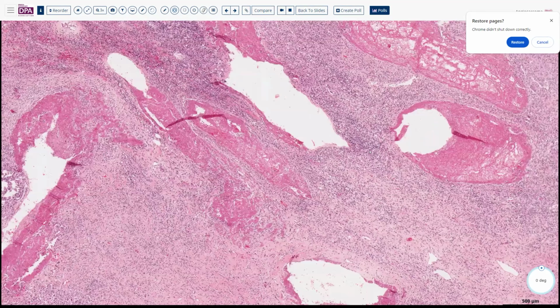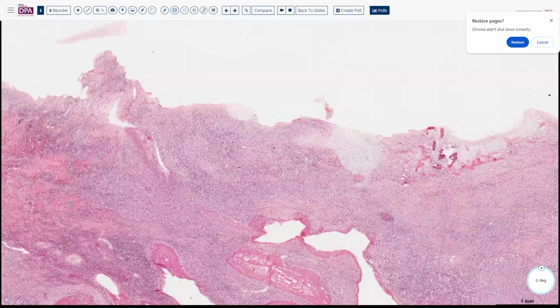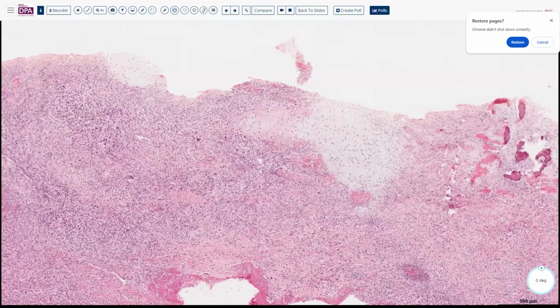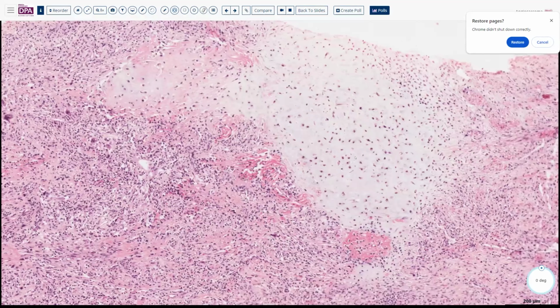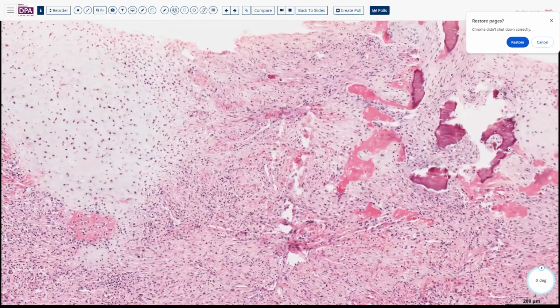The things that were a little bit odd to me as I looked at this recently were the presence of these cartilaginous areas. An angiosarcoma with heterologous elements will seem a little bit odd. And this is not benign cartilage. This is somewhat neoplastic cartilage. It's higher in cellularity.